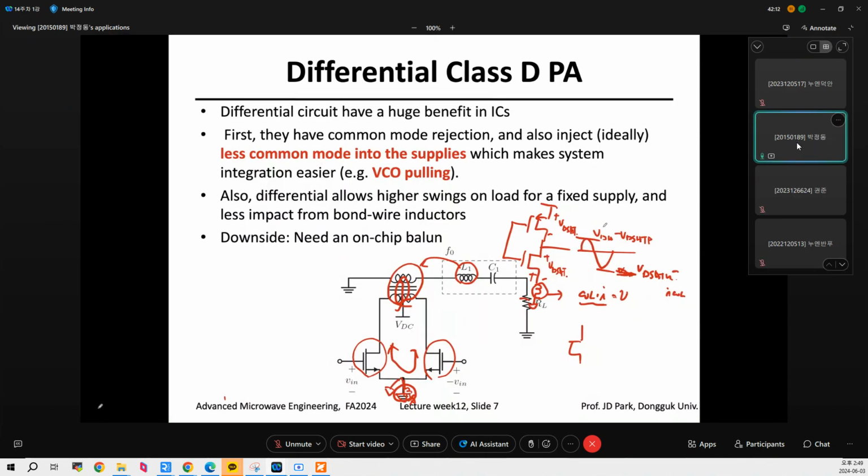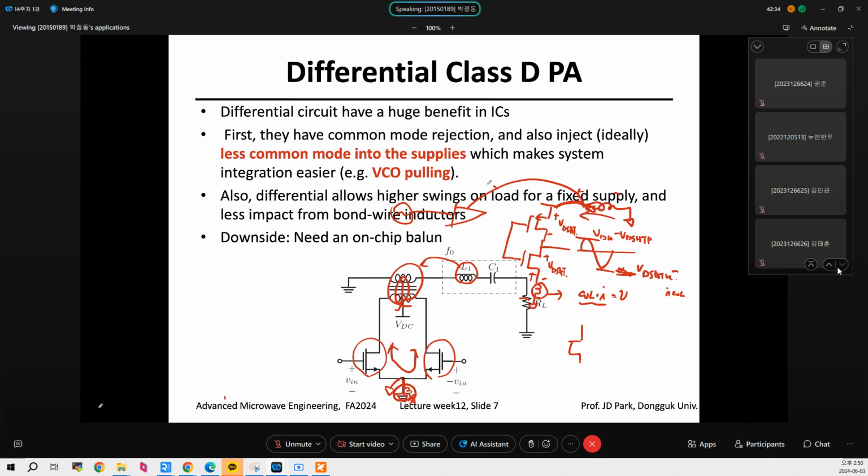If this is a swing and this impedance is not that good, for example, let's say there exists inductance, then the swing will induce another voltage drop over here. And since those are connected together with the other structure, for example, all of them are just connected together, this is a VDD.